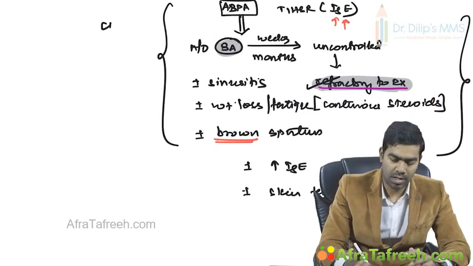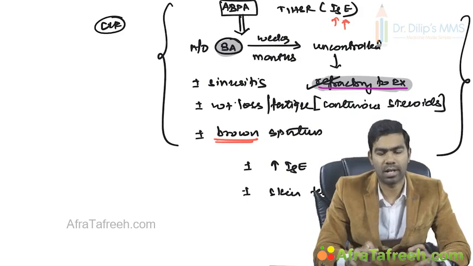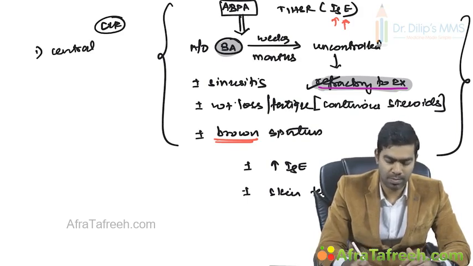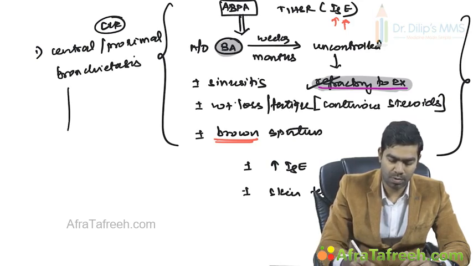And in imaging, in chest X-ray, you are going to get some characteristic findings that are again all exam points. The first one, in long-standing allergic bronchopulmonary aspergillosis, you will get something called a central or a proximal bronchiectasis. What do you mean by a central or proximal bronchiectasis? Very simple.